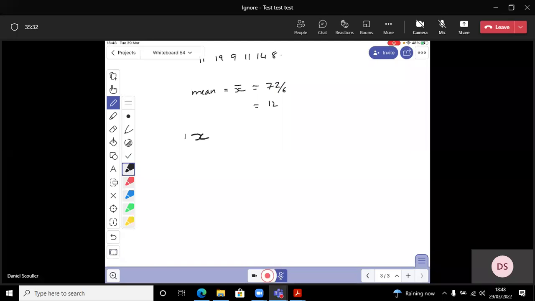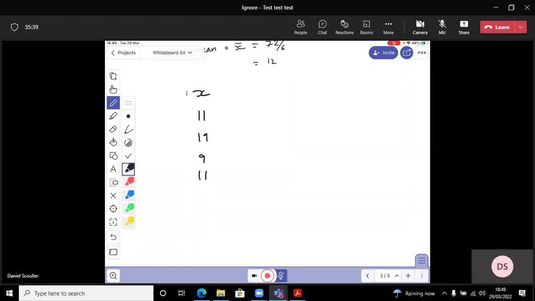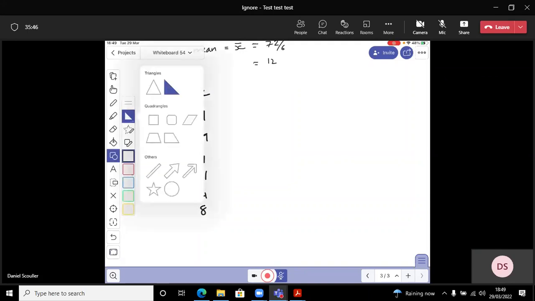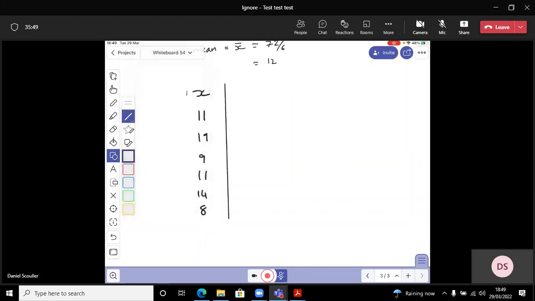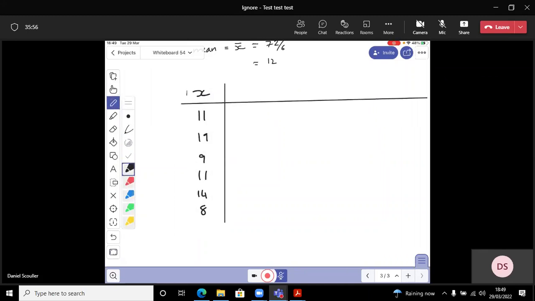We've got x in our first column, all our numbers. The numbers don't have to be in order. 11, 14, and 8. X bar is just the average, so I'm only putting that column in there as a reminder.